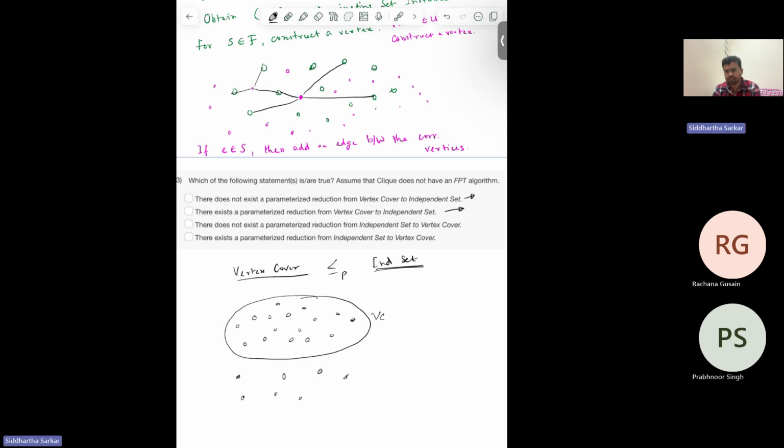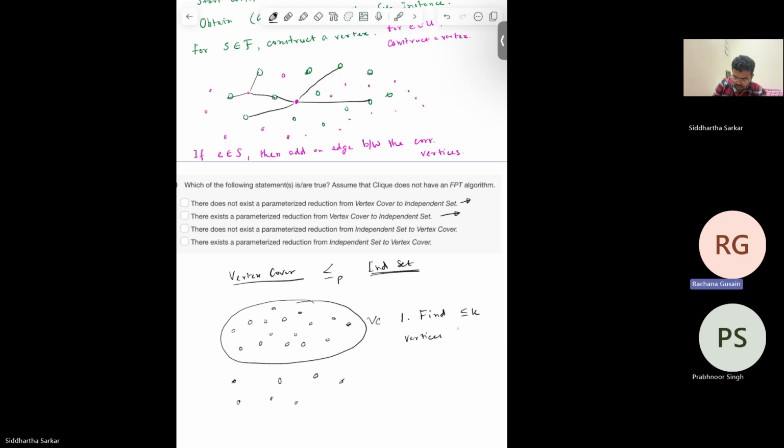So you are given an instance of vertex cover. You run the FPT algorithm on this instance and you will know whether this is a yes instance or no. If it is a yes instance, then you can find k or less vertices forming a vertex cover in FPT time.